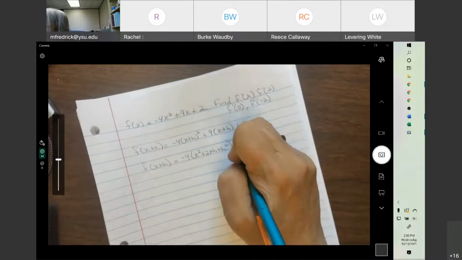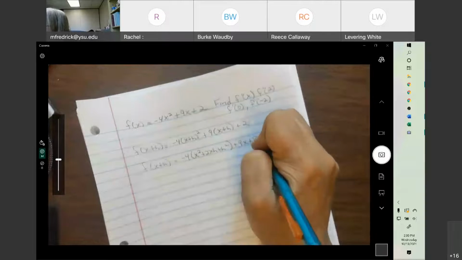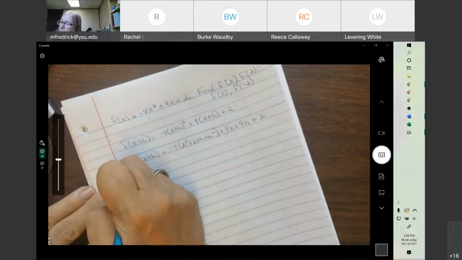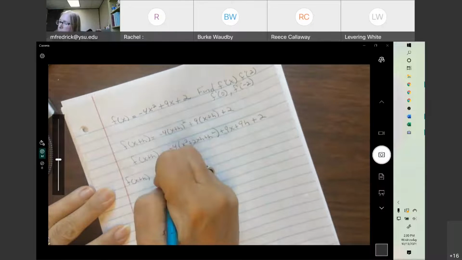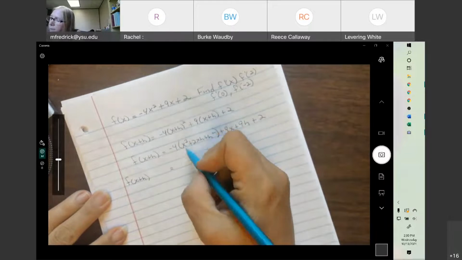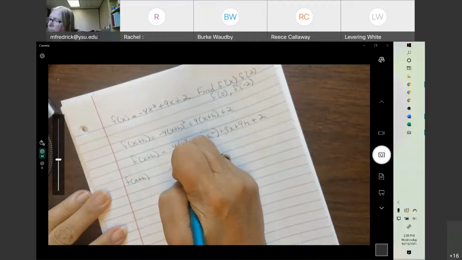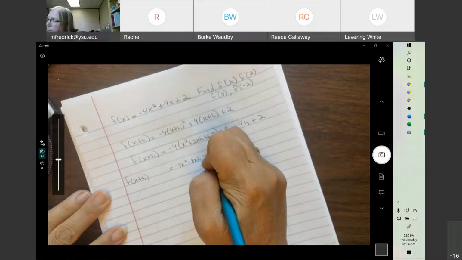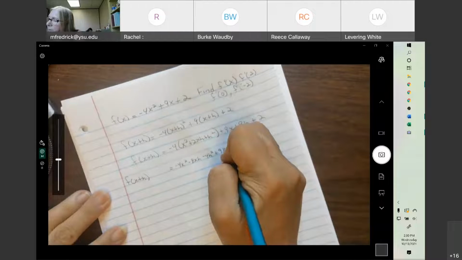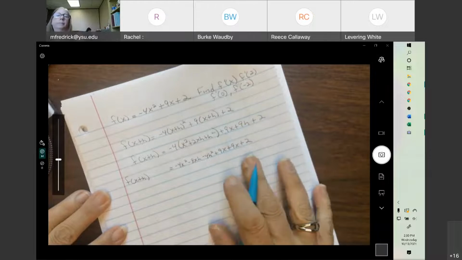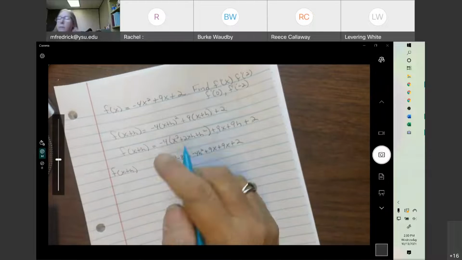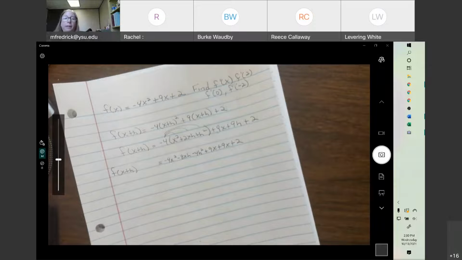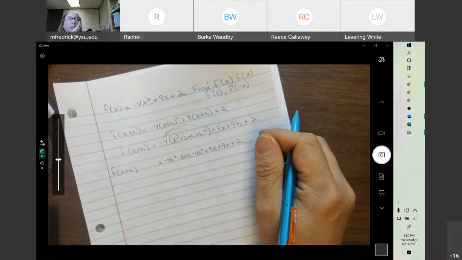I'm also going to distribute the 9x plus 9h plus 2. Distributing the negative 4, I have a negative 4x squared minus 8xh minus 4h squared plus 9x plus 9h plus 2. So I distributed this 4. And there's no like terms, so nothing will combine. Any questions on that part?